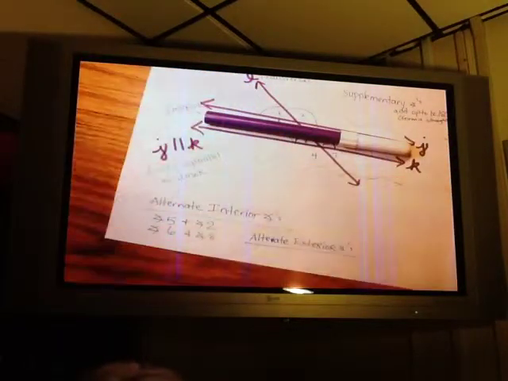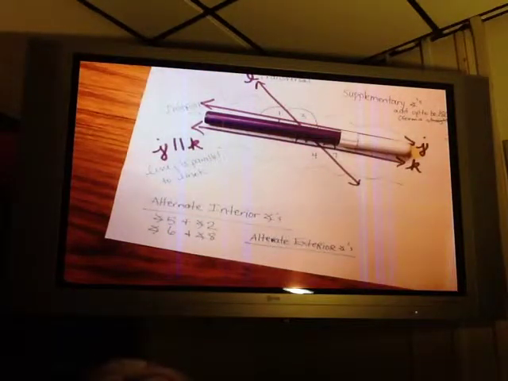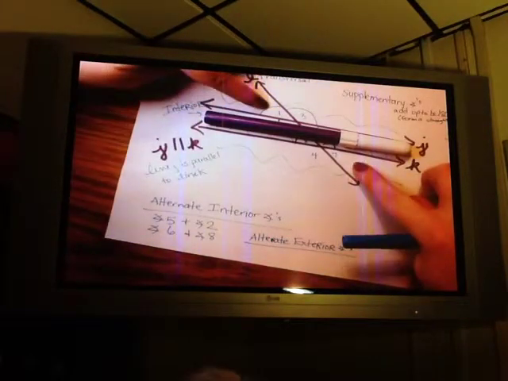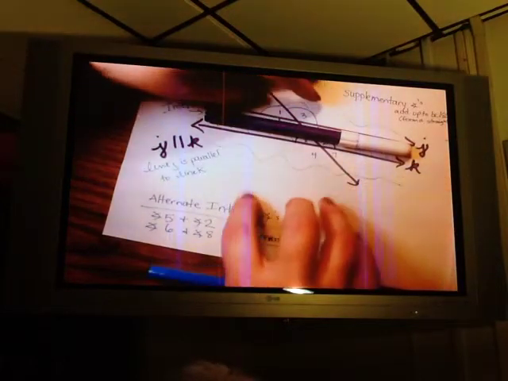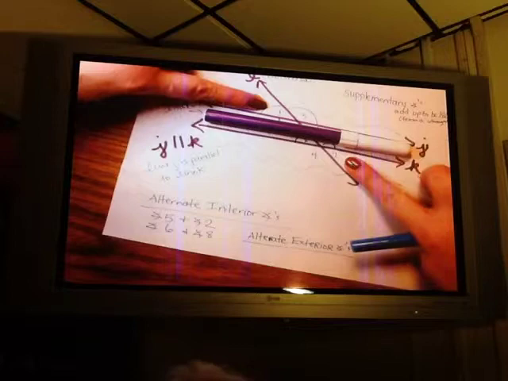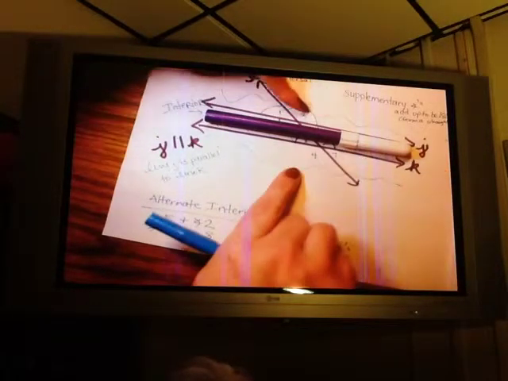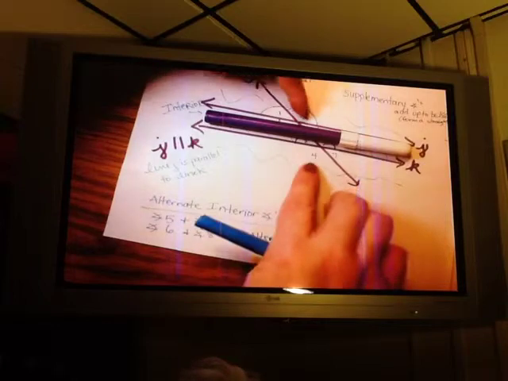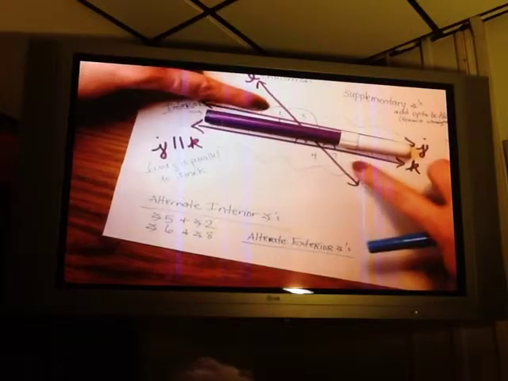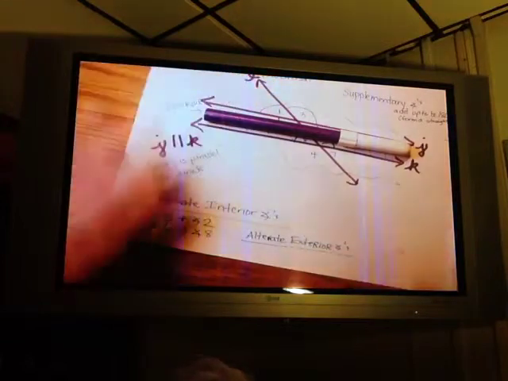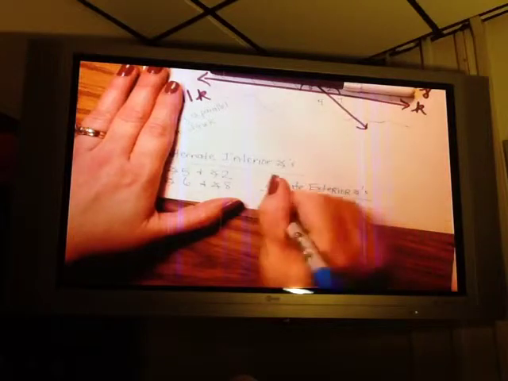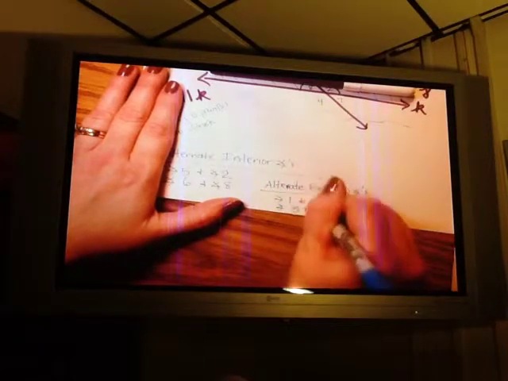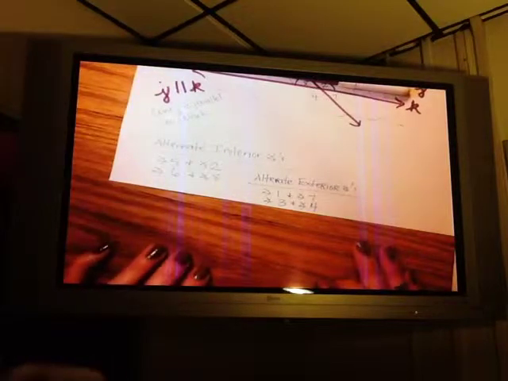Which ones look to be about the same size? 1 and 7 are small. Look at them: they're on alternating sides of the transversal, and they're on the exterior of your parallel lines. That's why they're called alternate exterior. They're the same size, and they're on the outside. So down here, we need to say angle 1 with angle 7, and angle 3 with angle 4. They are exactly the same measurement.